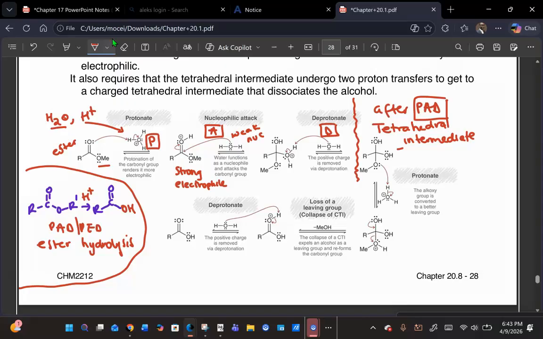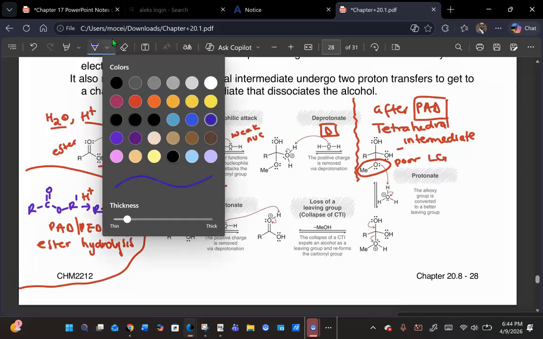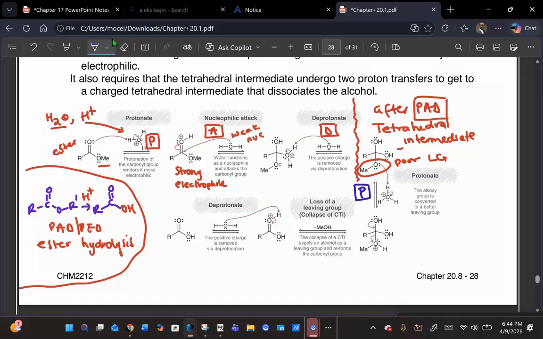So next, like you asked, OMe is not a good leaving group, which is why we protonate. You always keep on bringing up your acid to do protonation. And then we can knock it off.